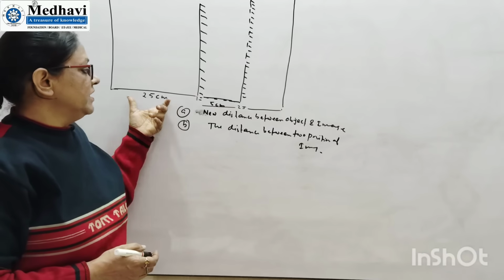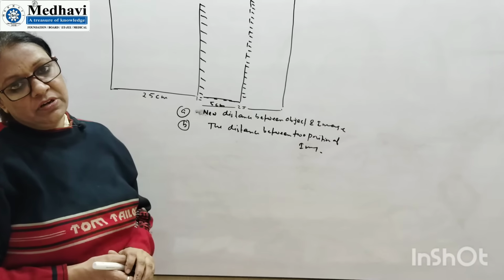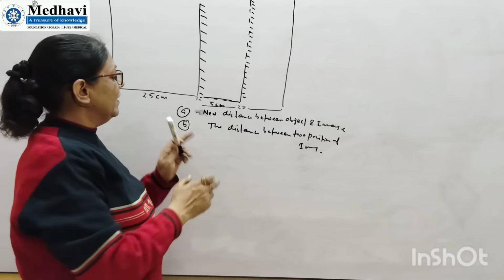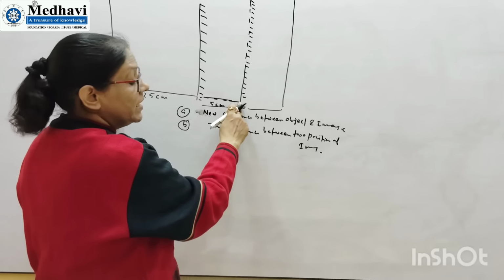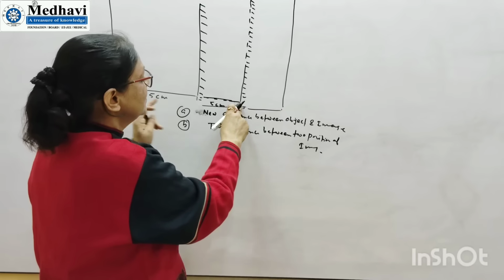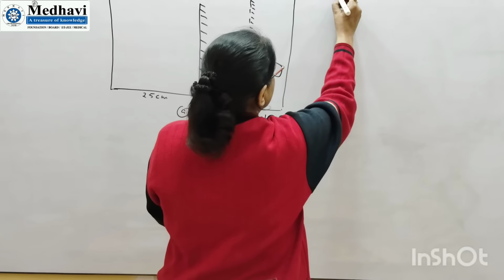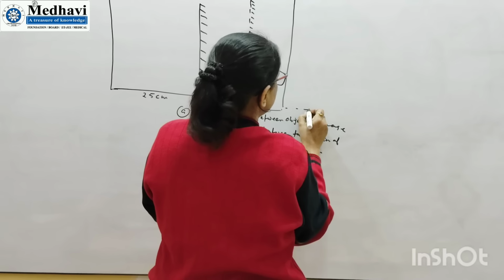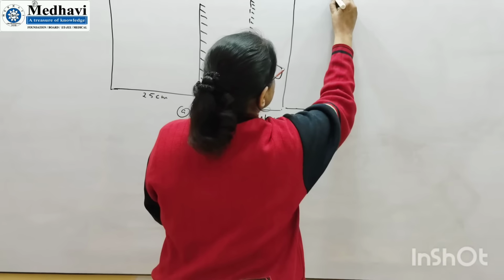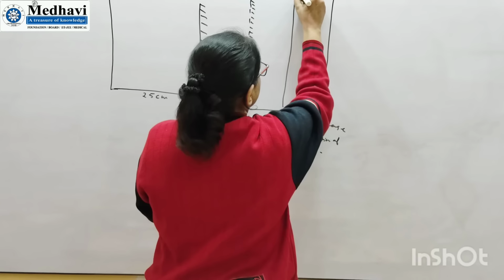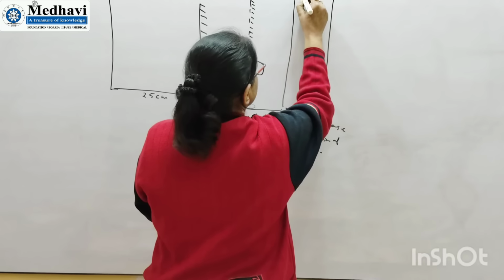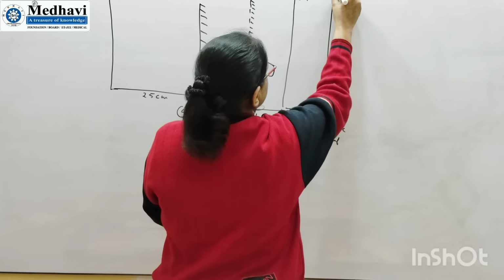If it is 25 centimeter, this will also be 25 centimeter. When this is shifted, the new image distance from the mirror is 30 centimeter. So the final image will also be shifted 5 centimeter. This is the initial image, and this is the final image.